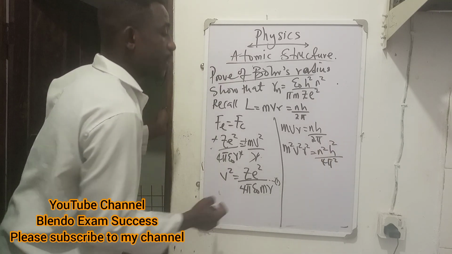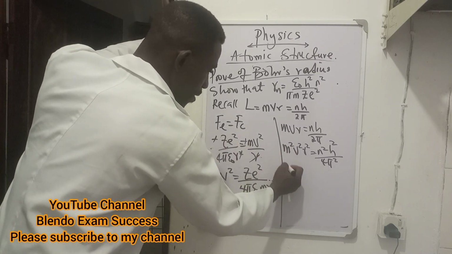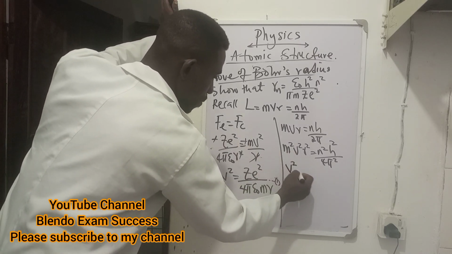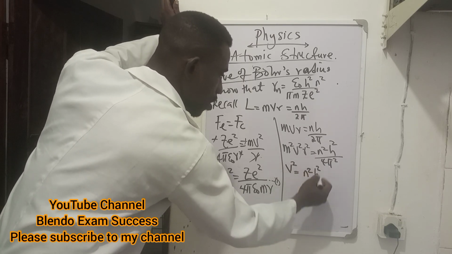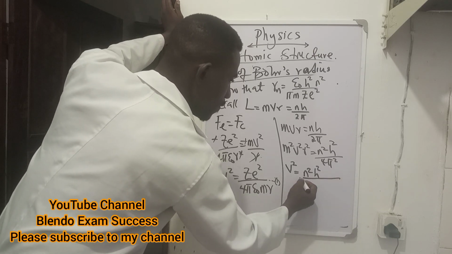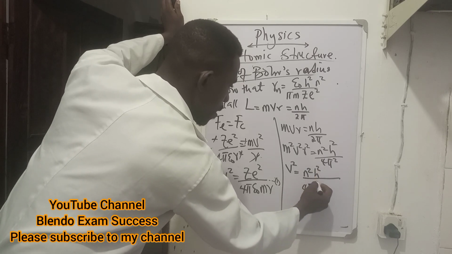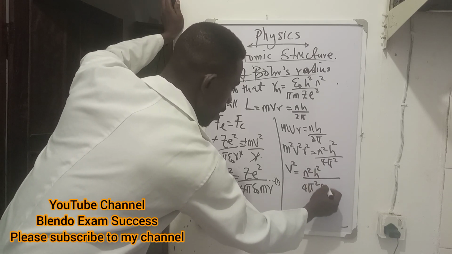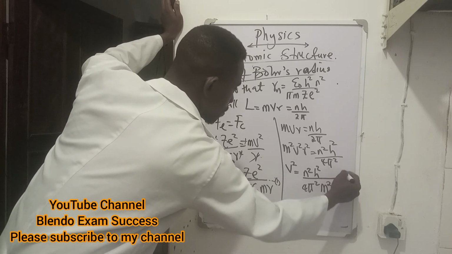Okay, so we can easily make v squared the subject of formula, which is equal to n squared h squared all over 4 pi squared m squared r squared, equation 2.